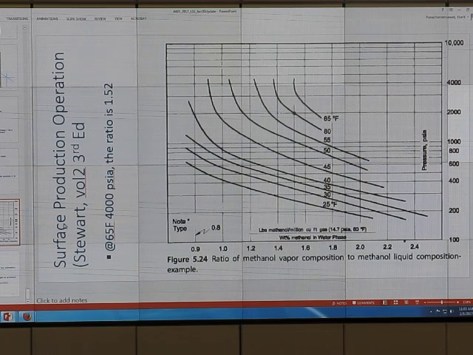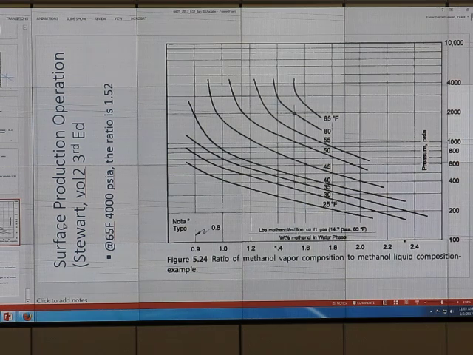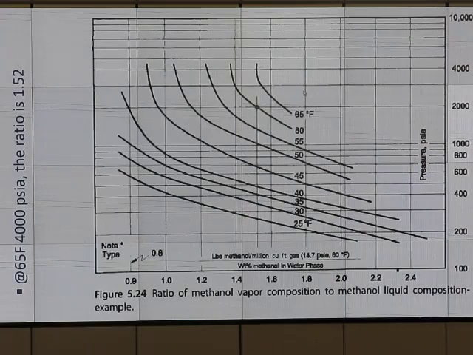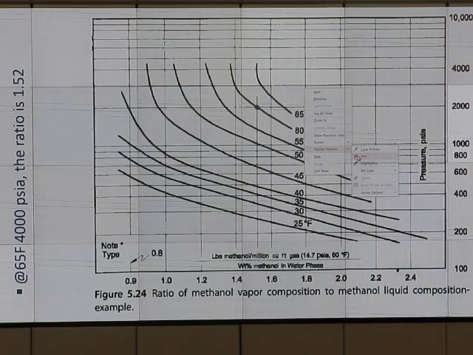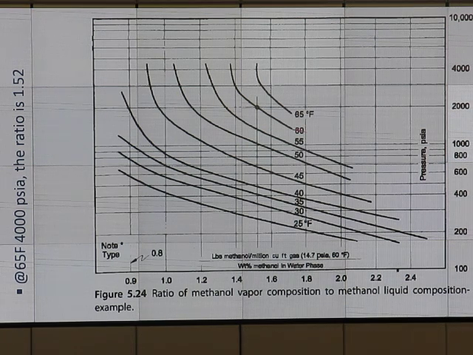I checked with the Gas Association, what's the name? GPSA. Okay, I checked with GPSA. What you need to do is the correction over here. That is not 80, that is 60. Okay, and that is 65.